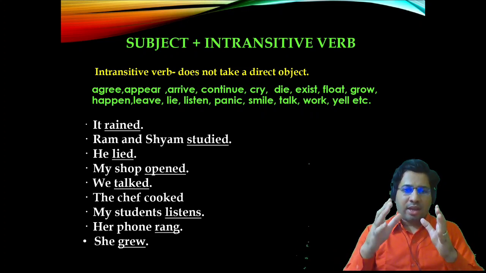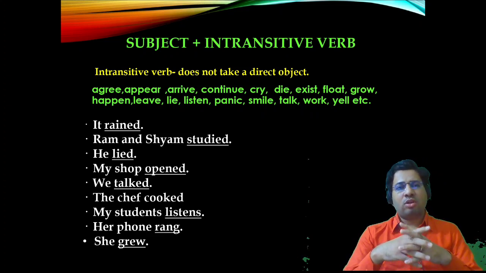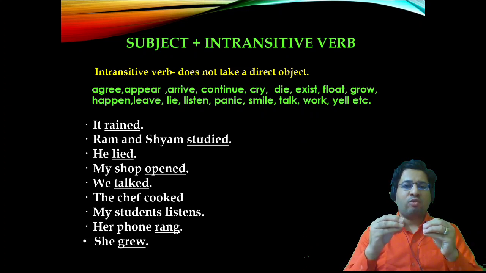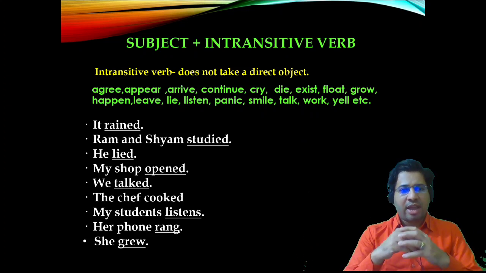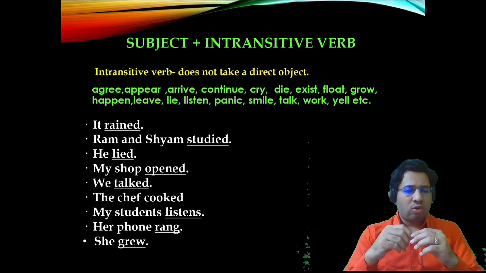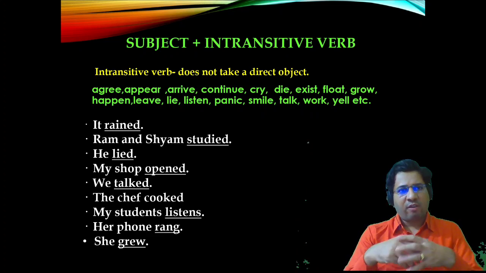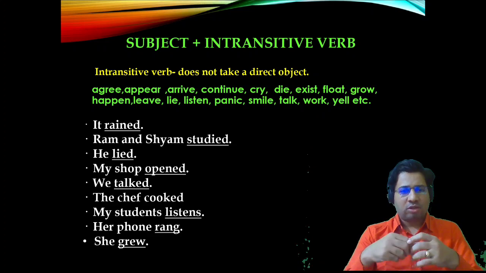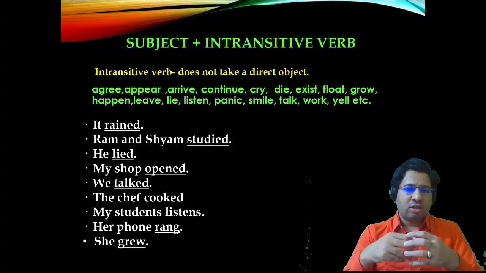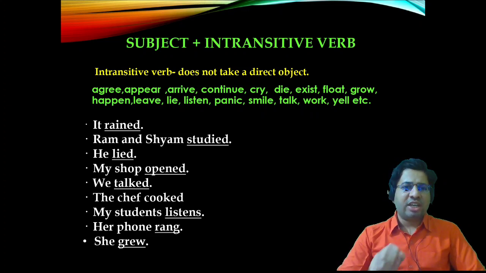Here are some examples of sentences with the subject and verb pattern. Actually, before going further, we need to look at a few common intransitive verbs like agree, appear, arrive, continue, cry, die, exist, grow, happen, live, lie, listen, laugh, panic, smile, talk, walk, work, yell, and so forth. A few examples I have given here, each a complete sentence: She grieved.